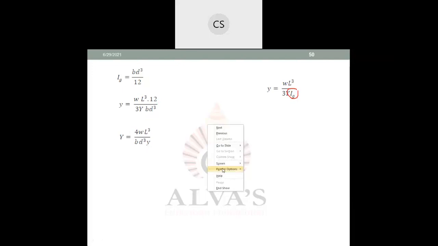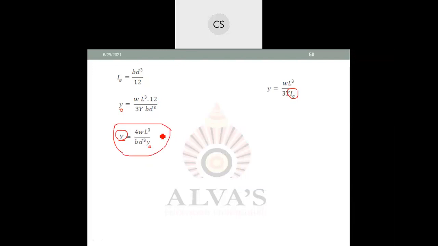Of course, I just bring to your notice, this is capital Y. If you are getting confused, you can write this Y as Y naught. This is the expression for Young's modulus of the cantilever with rectangular cross section.